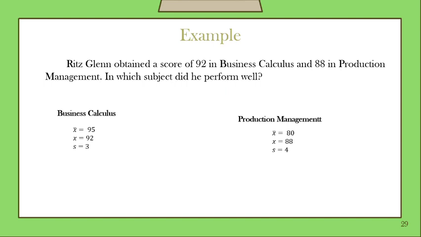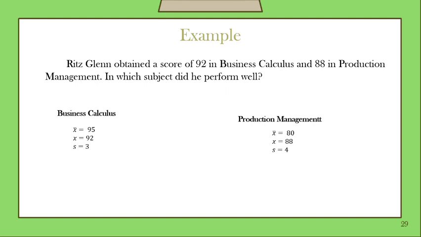So using the mean value, we can say that Rich Glenn performed better in production management than in business calculus compared with the performance of the rest of his classmates. So, ang score ni Rich Glenn dito sa business calculus is mas mababa kesa sa mean. So, kung i-graph mo siya, ang maging kalabasan niya is positively skewed, di ba? So ang score niya mas mababa sa mean, ibig sabihin negative.